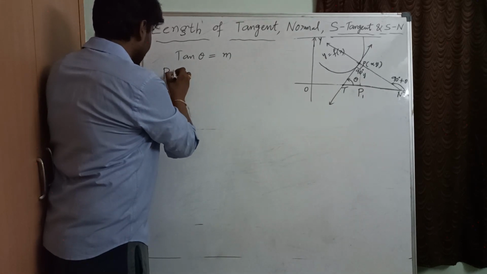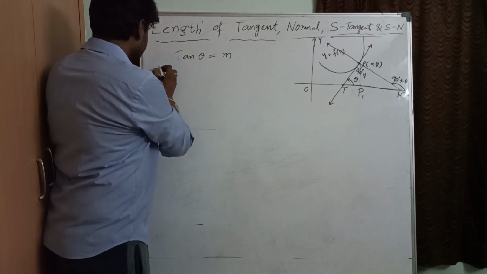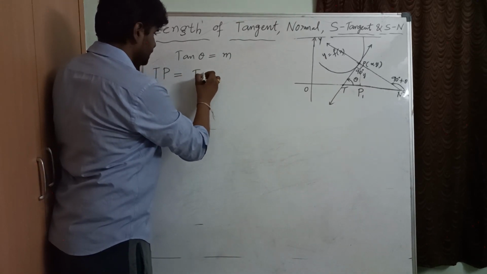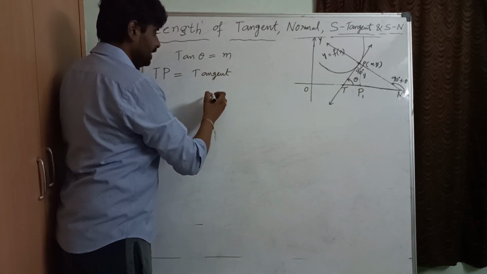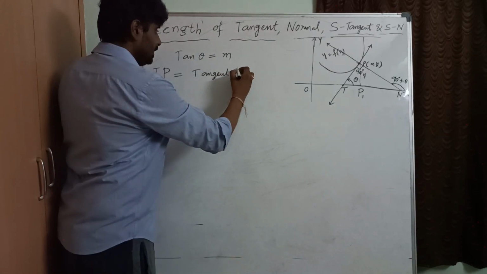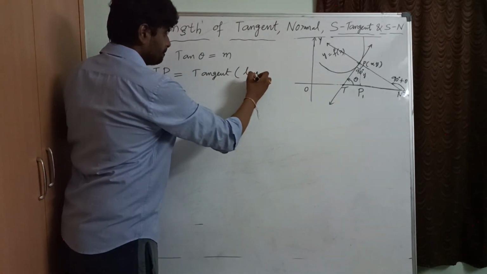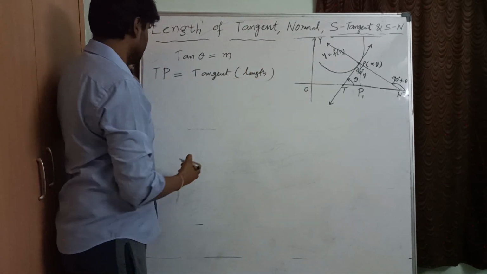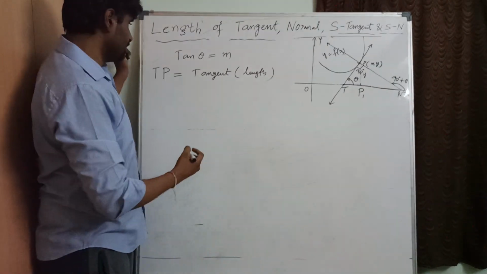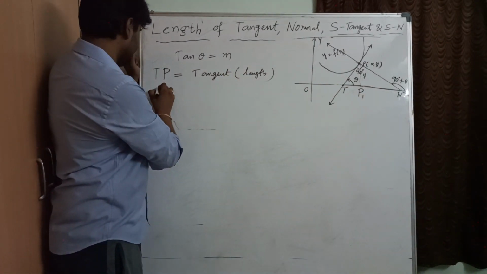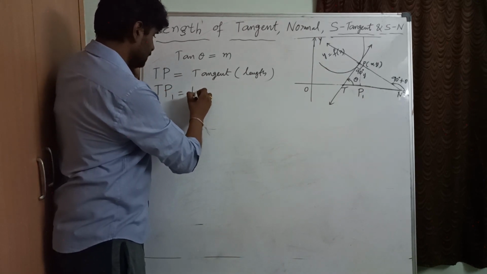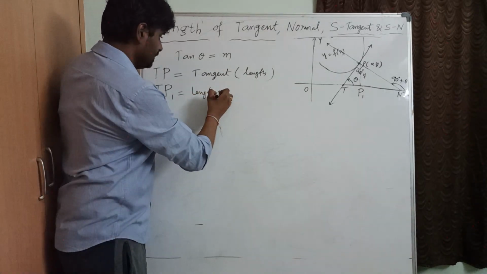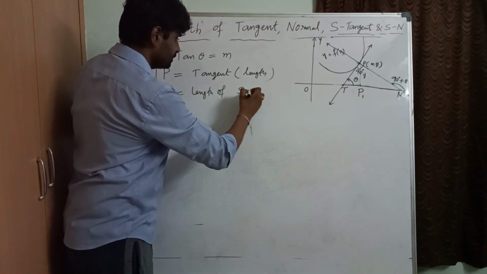So now let us find the length of tangent. What is the tangent there? PT or TP is the length of tangent. Now tell me, what is the subtangent there? TP1. So length of subtangent.